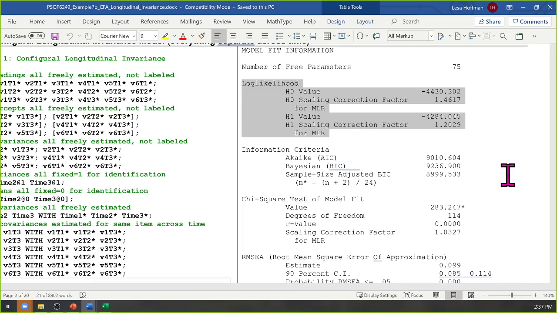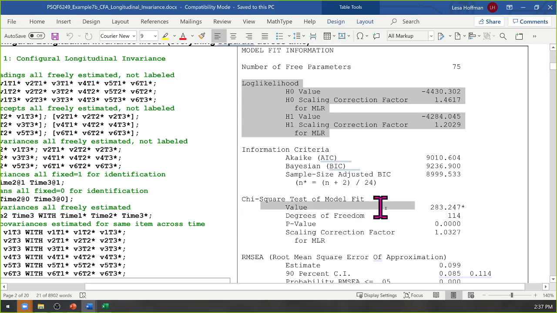My H0 versus H1 comparison. Is that one done for me, or do I have to do that myself? This one is done for me. Correct. It's right here.